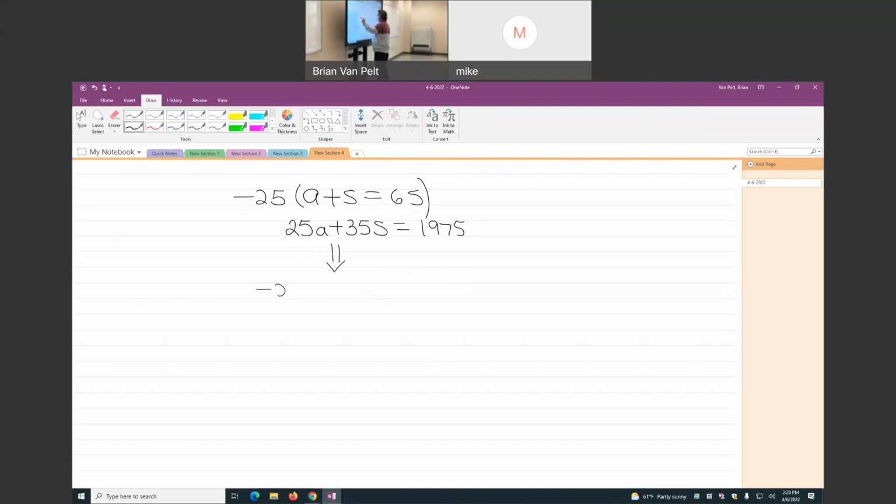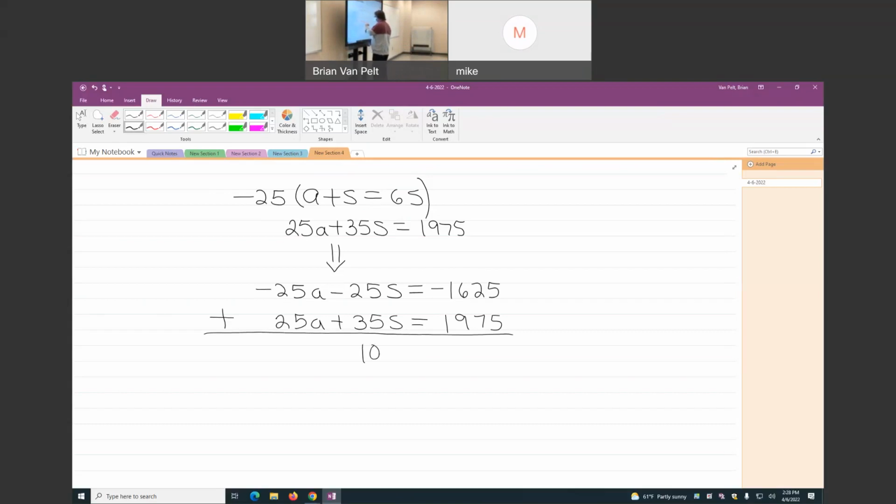I get -25a minus 25s equals, I think this came out to -1,625. And 25a plus 35s equals 1,975. This way I can wipe out the a's, and it will allow me to get s fairly easily.